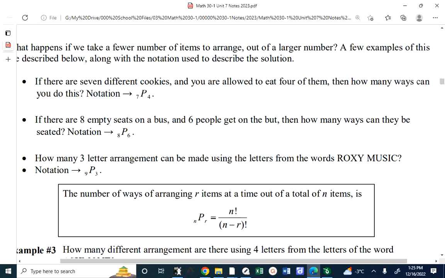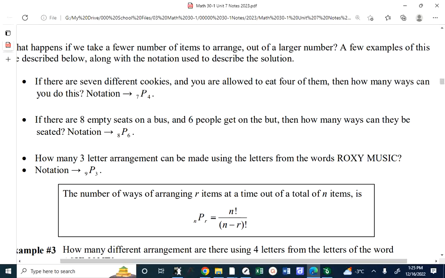There are 8 empty seats on a bus and 6 people get on the bus, it should say. I'll have to fix that typo. How many different ways can they be seated? Well, order is important, right? If only one of those 8 seats is a window seat, maybe you want that window seat. Maybe you don't want the window seat. I don't know. But the order of the seating is important, so that would be 8P6.